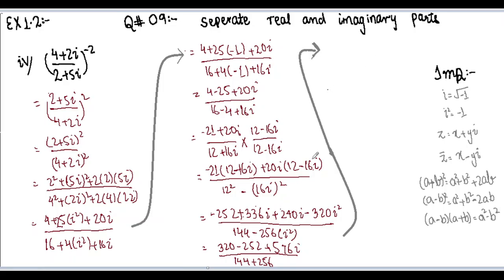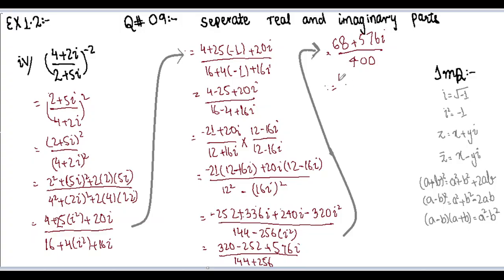Okay, now we are going to write 320 minus 252 is 68, plus 576i, divided by 144 plus 256, and here we get 400. So 400 equals, now it is divisible by 8, I guess. Okay, sorry, it's not divisible by 8, it is divisible by 4.